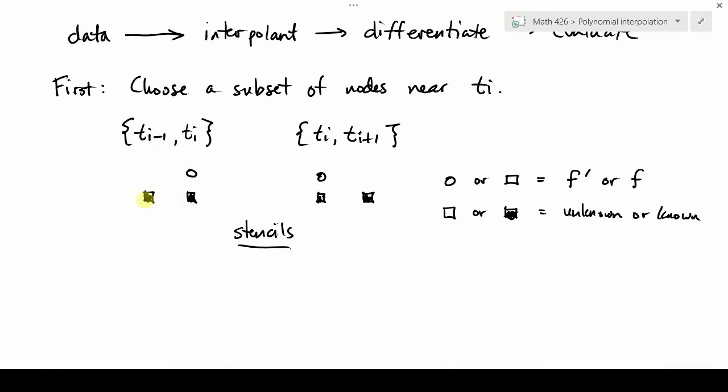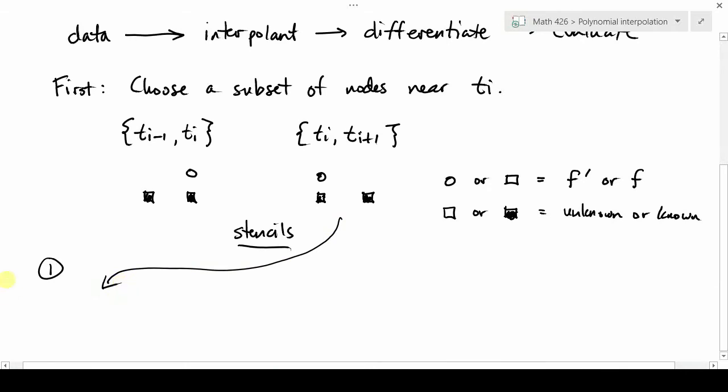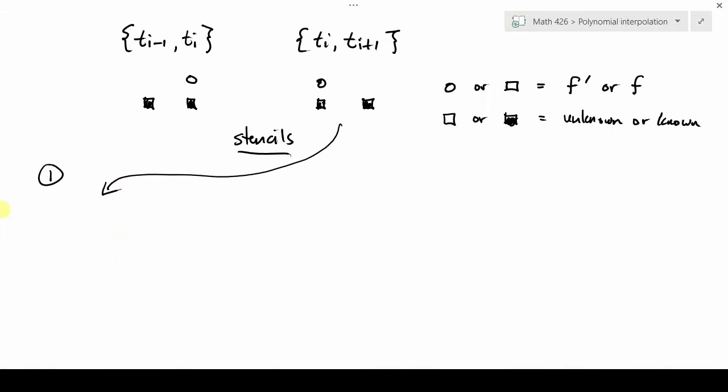Okay, so our first example of this will be, actually I'm going to use the one on the right here. So take this case. All right, so I have to find a polynomial that interpolates from t sub i to t sub i plus 1.